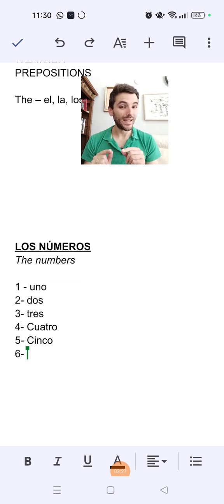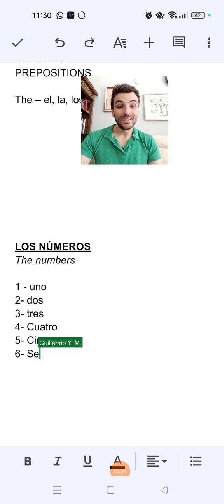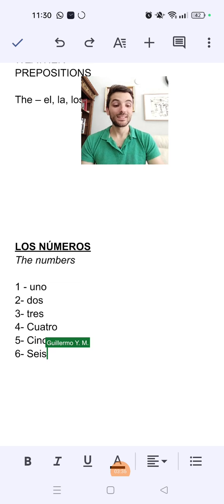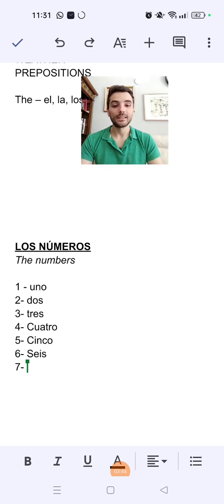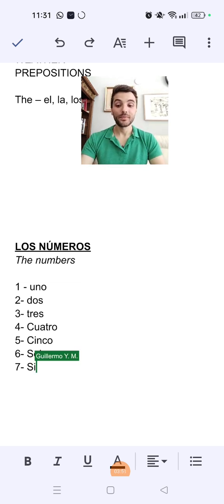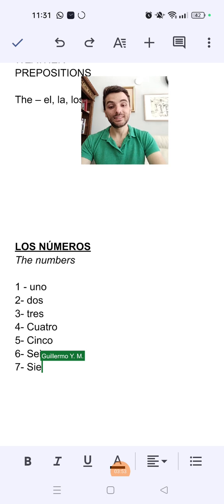Okay, you remember the E and the I? Anyway, seis. Okay, very important this. E, I. Now this one is actually the opposite. It's si, e. Siete. Si, e, te.